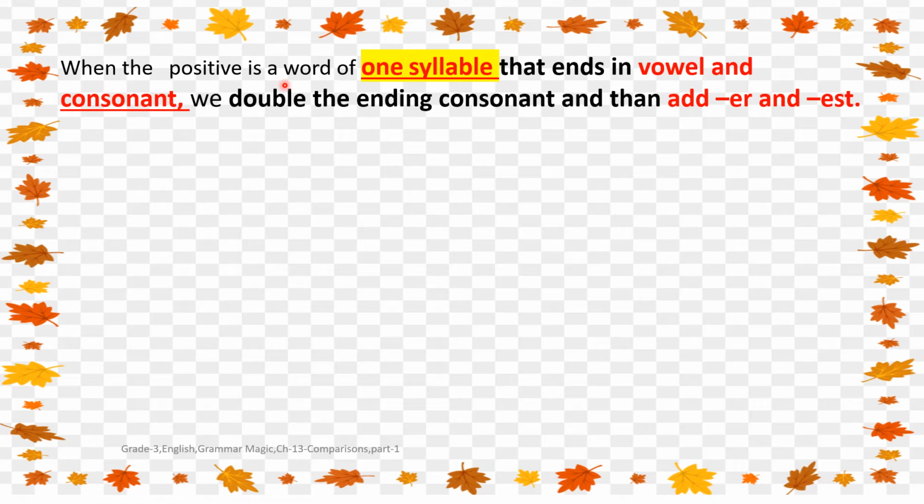When the positive is a word of one syllable that ends in vowel and consonant, we double the ending consonant and then add er and est. So children, when the positive or adjective word is of one syllable, syllable means any vowel sound.